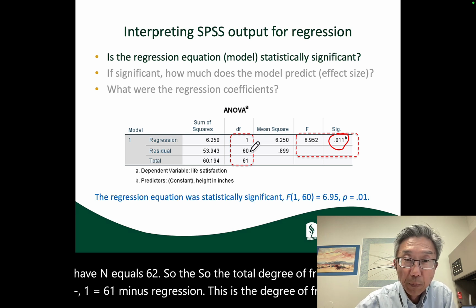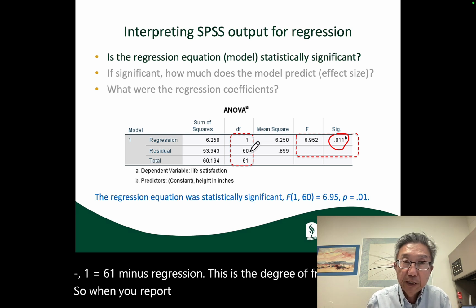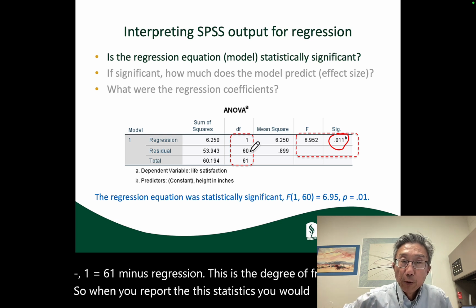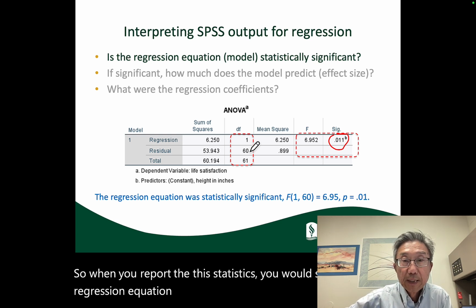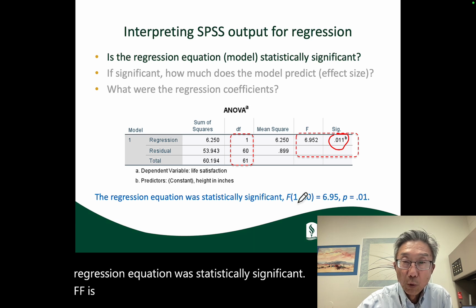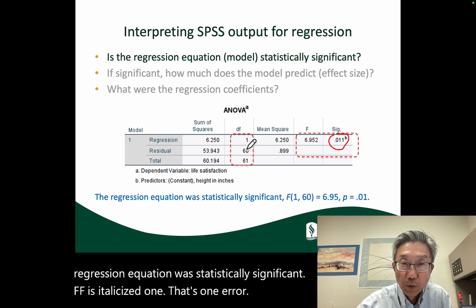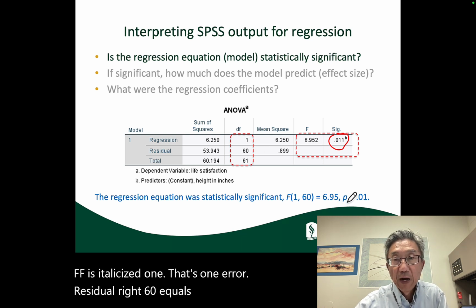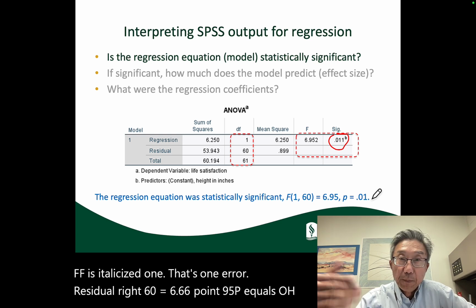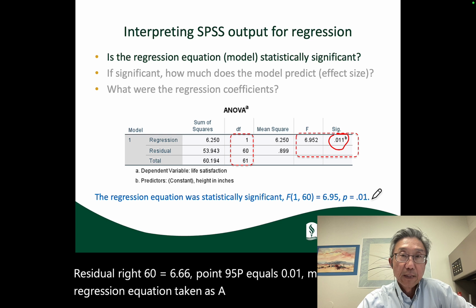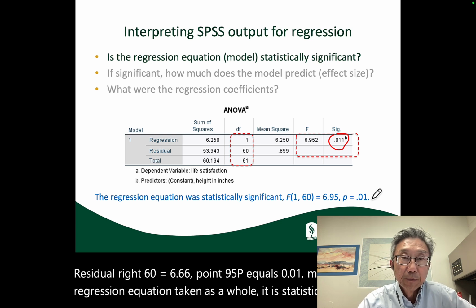So when you report these statistics, you would say the regression equation was statistically significant, F(1, 60) = 6.95, p = 0.01, meaning the regression equation taken as a whole is statistically significant. F is italicized, and the 1 is regression and 60 is error, residual.